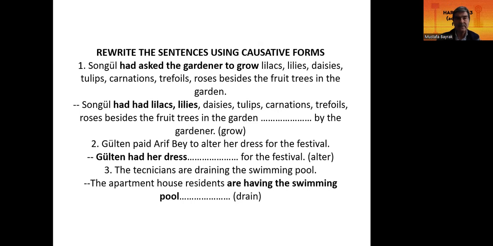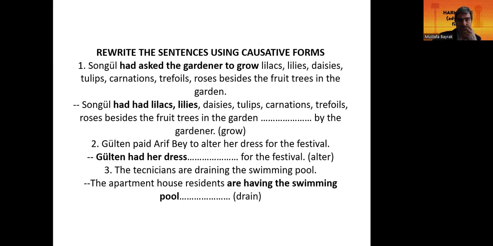So Songül had lilacs, lilies, daisies, tulips, carnations, trefoils, roses, besides the fruit trees in the garden grown by the gardener. Yes, had something done. Gülten, I didn't see the grow in parentheses. Okay, so I hesitated for a moment for the verb.